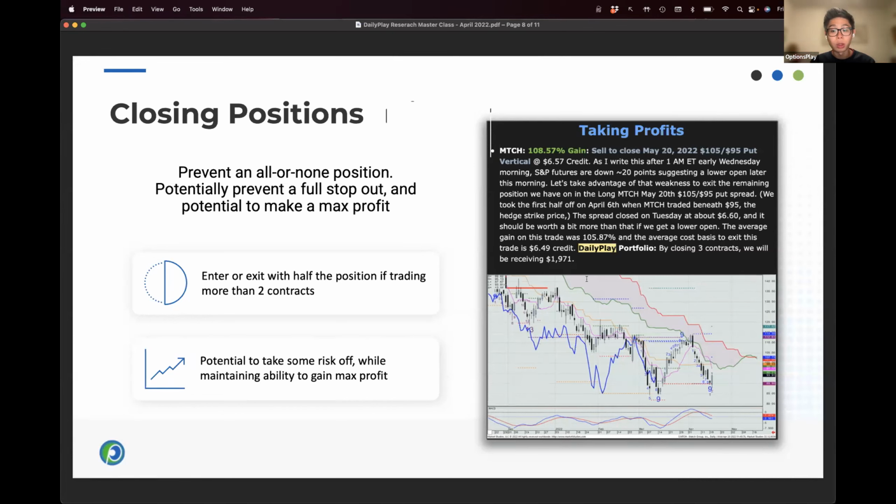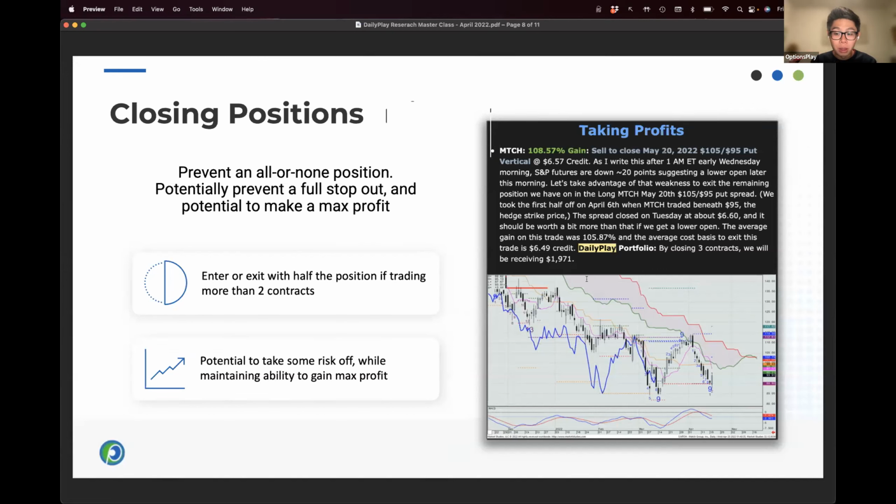We're going to communicate to you whether we're closing 4 contracts or maybe just 2 contracts and leaving 2 more contracts left to go. Many times what we're able to do is take profits early on a specific trade that's working out and keep the other half of the position to try to make that full maximum gain. This will improve our overall returns in these types of strategies in the long run. So those are some of the changes that we recently made.